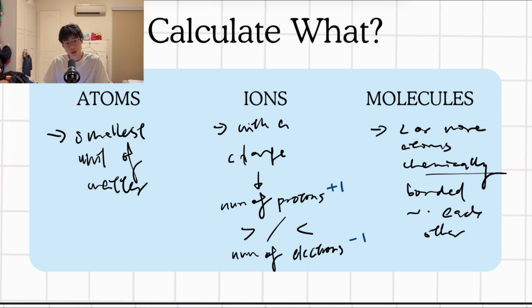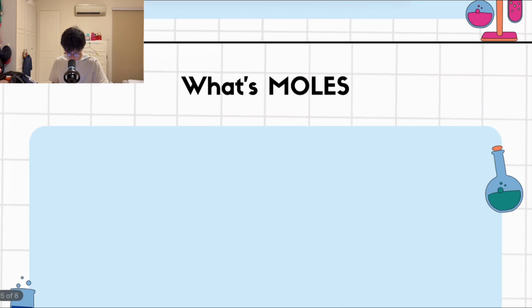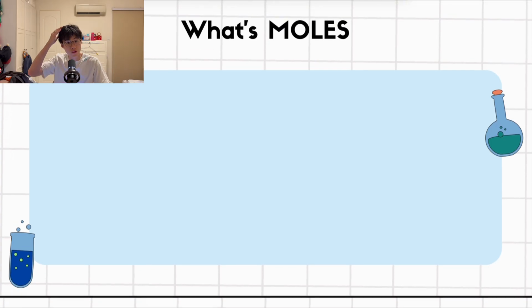And scientists are interested in measuring the amounts of these different types of matter that commonly come up in a laboratory context. And so let me first introduce the idea of moles. So moles is about measuring the amount of something.